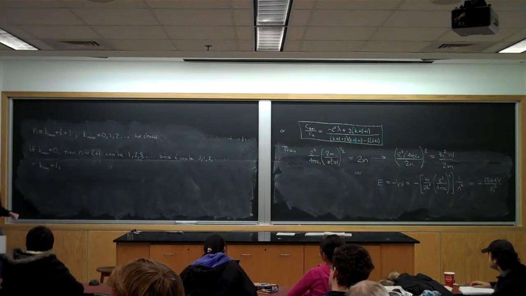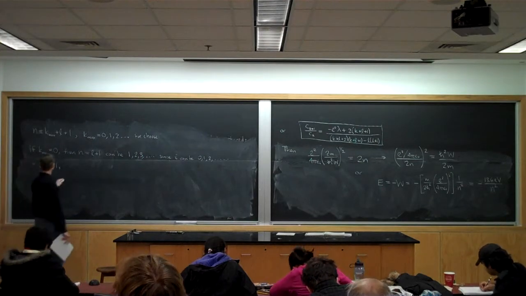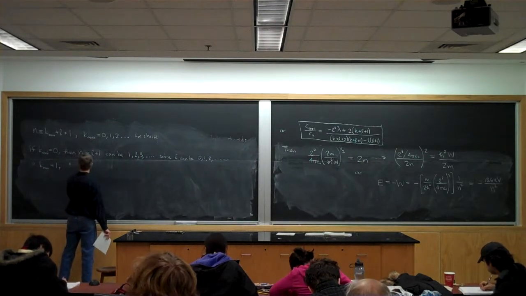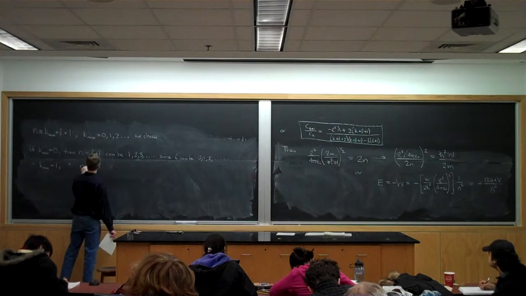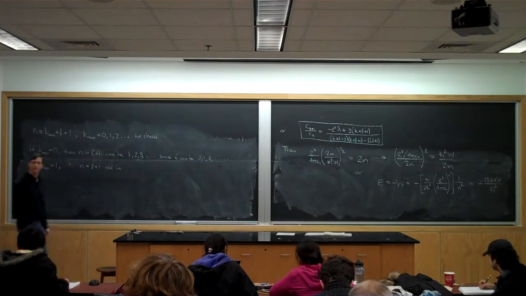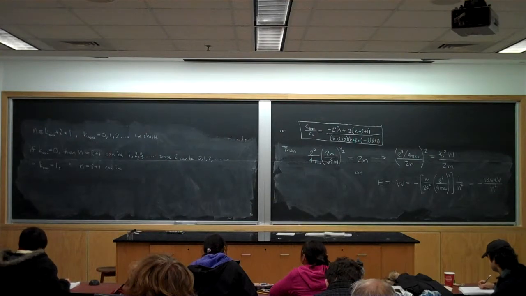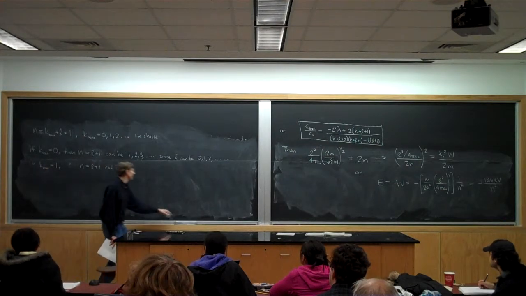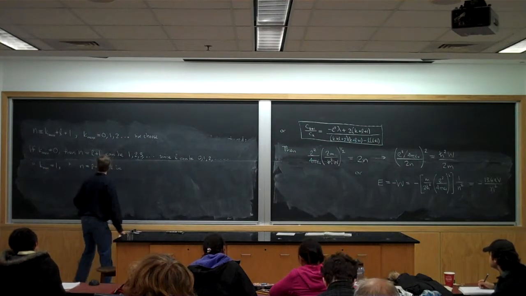If k max were equal to 1, then n equals L plus 1 can be what values? I'm sorry, I got this wrong. N is not L plus 1 in this case.